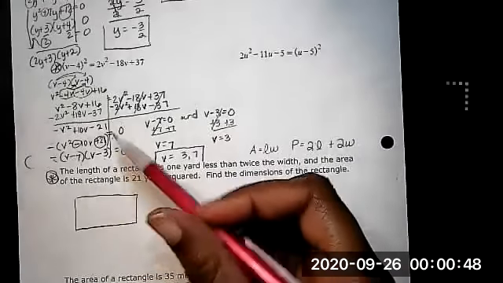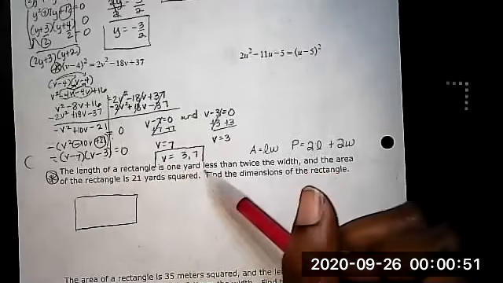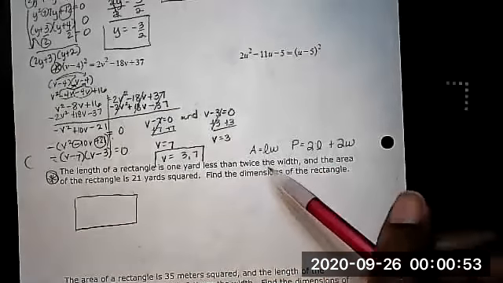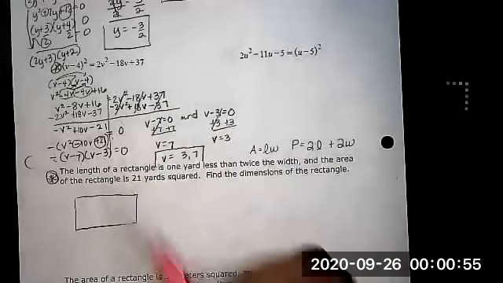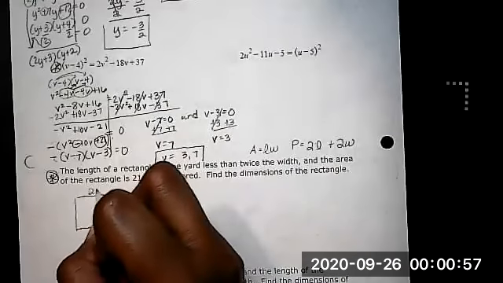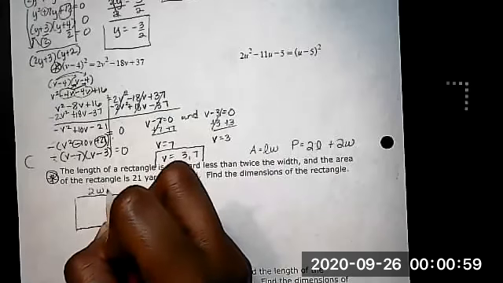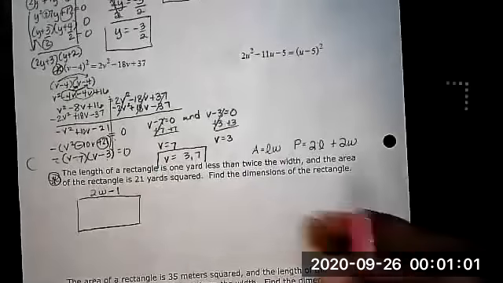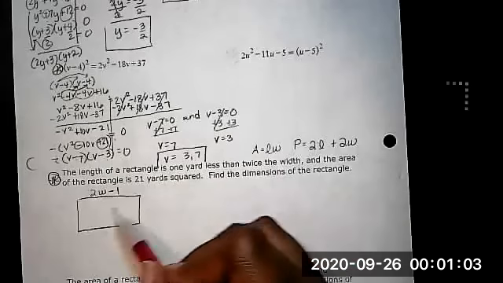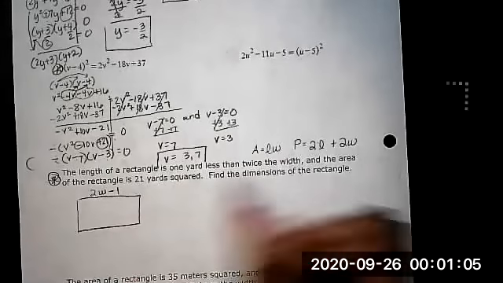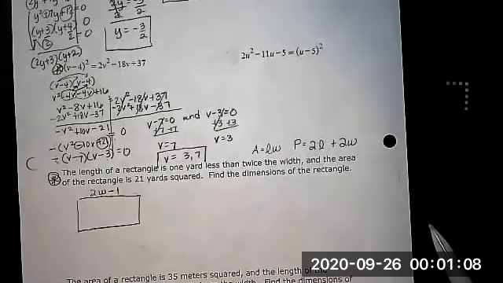And let's read this again. The length of a rectangle is 1 yard less than twice the width. So basically it's twice the width minus 1 yard. Usually when we say less than, it's the last number, but anyway, twice the width minus 1.